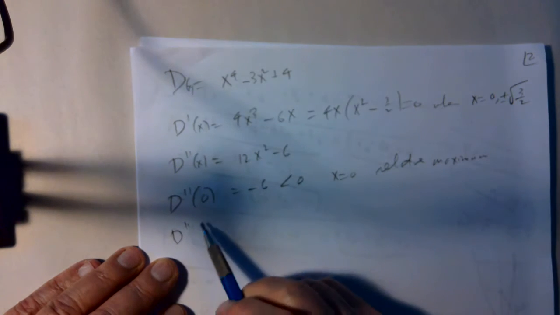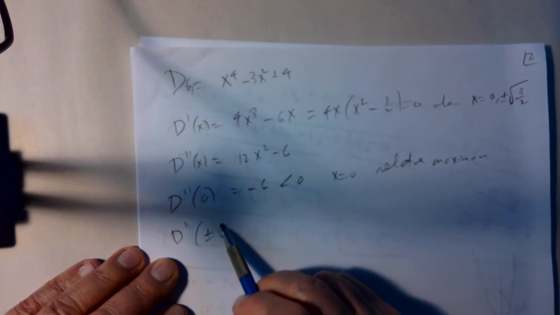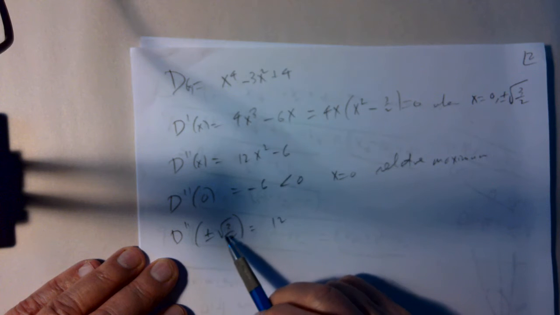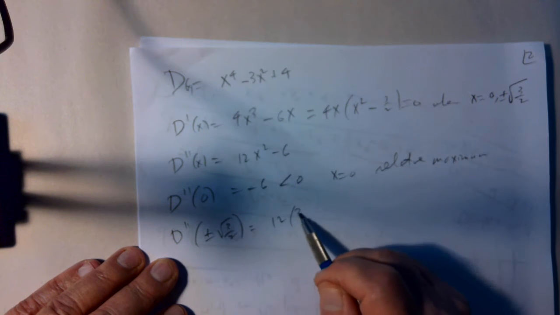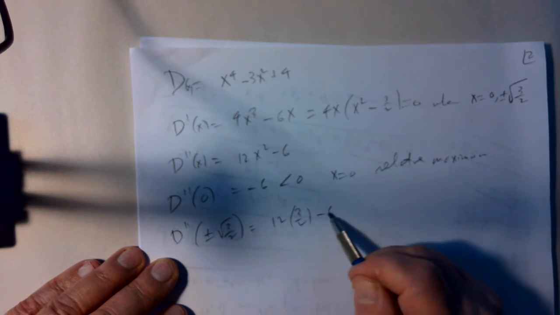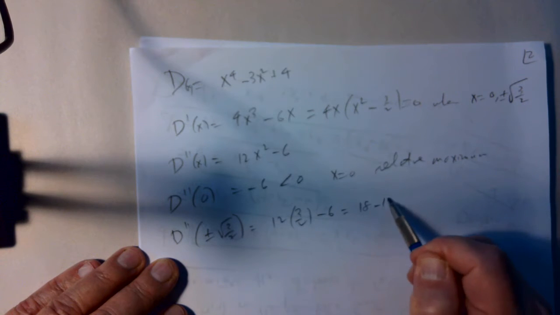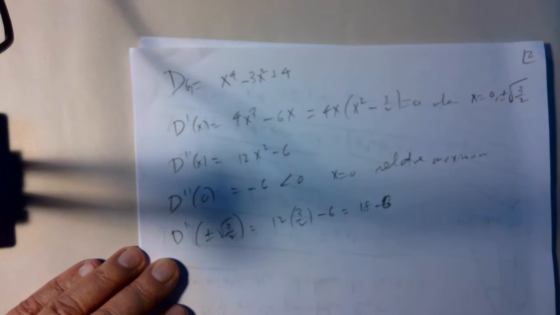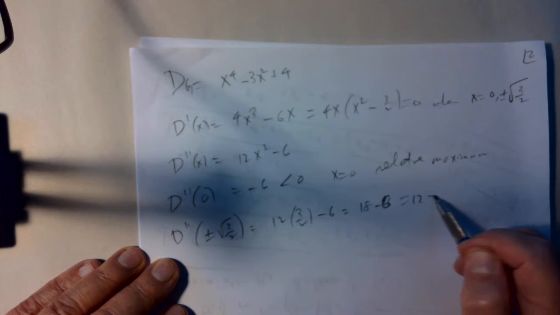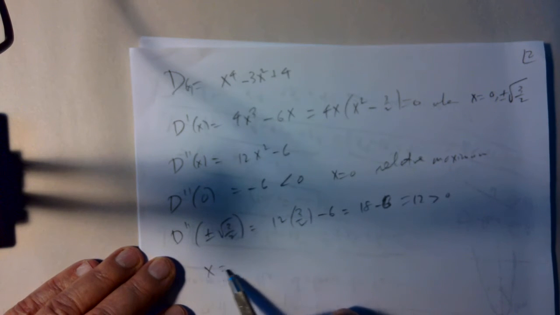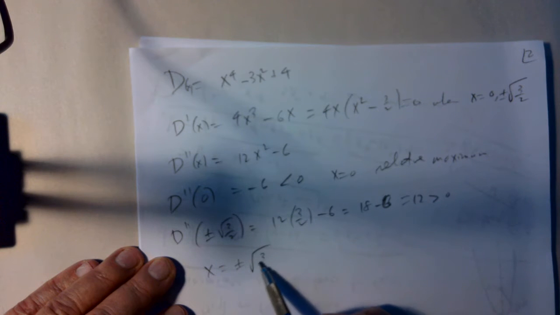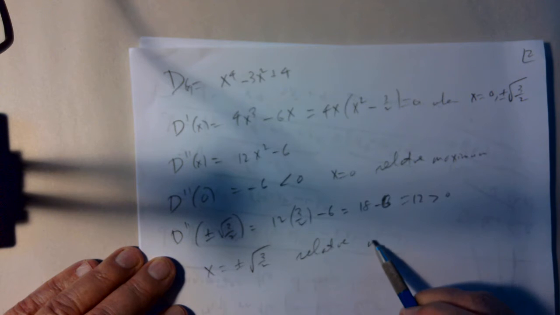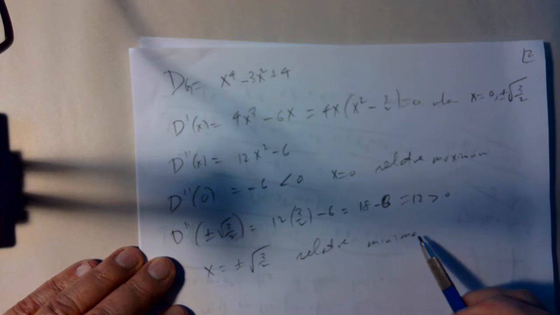What's the second derivative evaluated at plus or minus the square root of 3/2? That's 12. When you square this, you get 3/2, minus 6. That's 18 minus 6. That's 12, which is positive. So x equals plus or minus square root of 3/2. These are relative minimums.